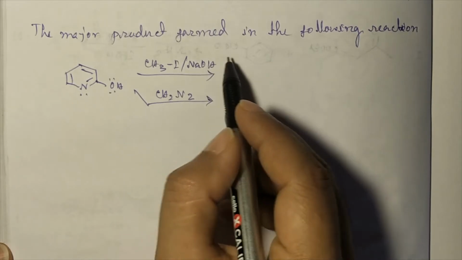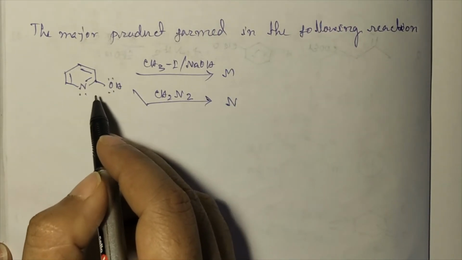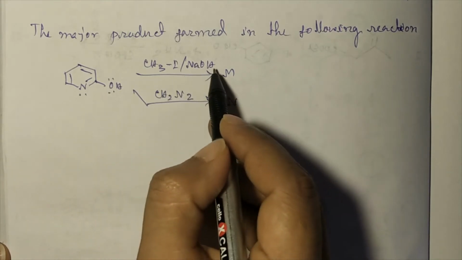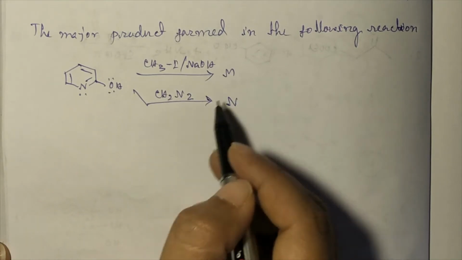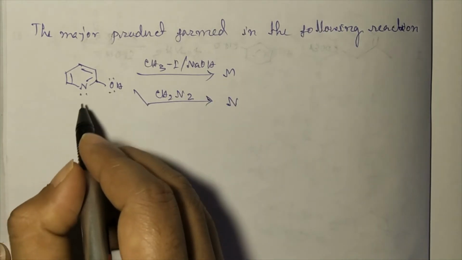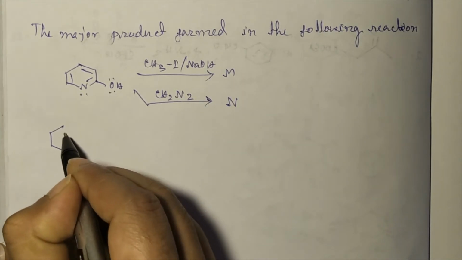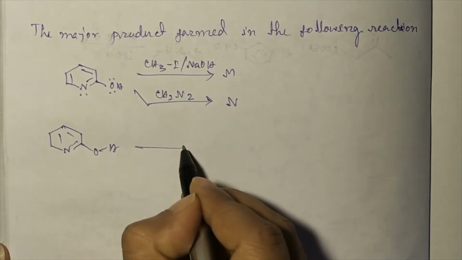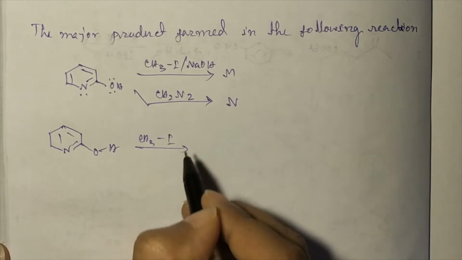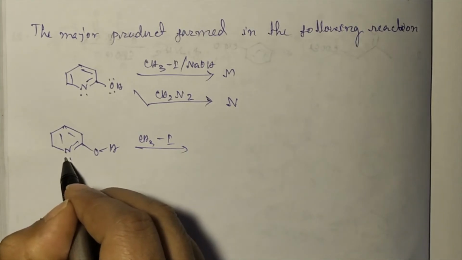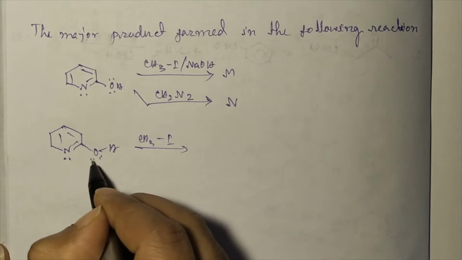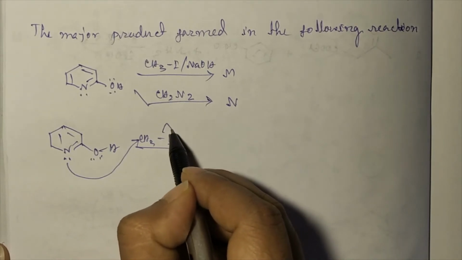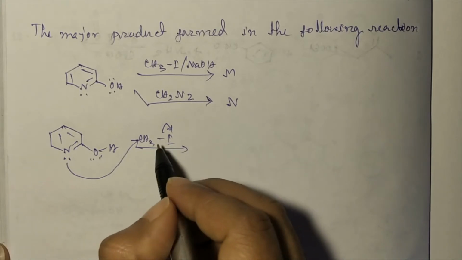Next question: the major product formed in the following reaction. Here 2-hydroxypyridine is treated with CH3I/NaOH and CH2N2. What is M and N? So first, if it is treated with CH3I, nitrogen has one lone pair, oxygen also has two lone pairs, but this lone pair will attack this CH3.